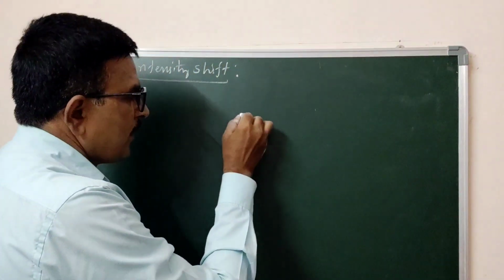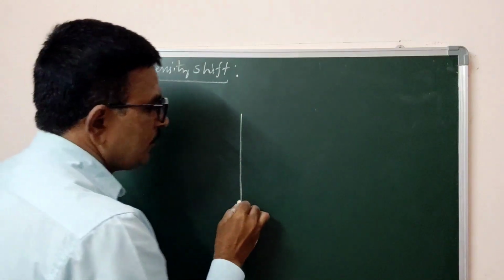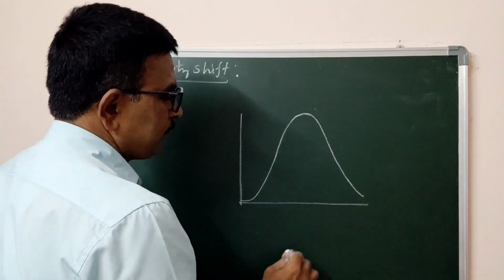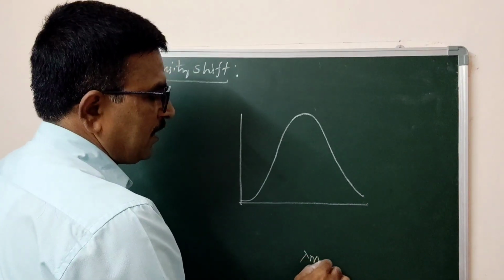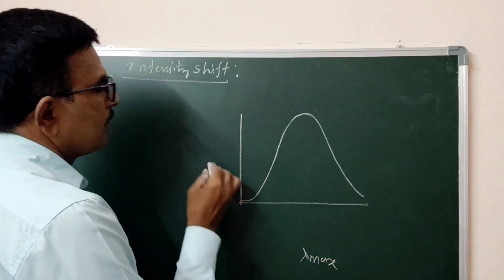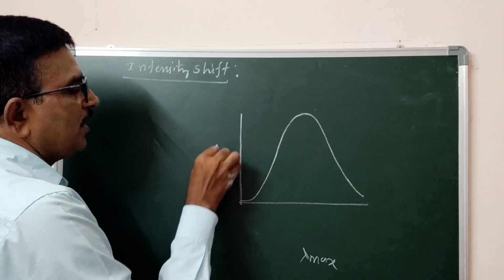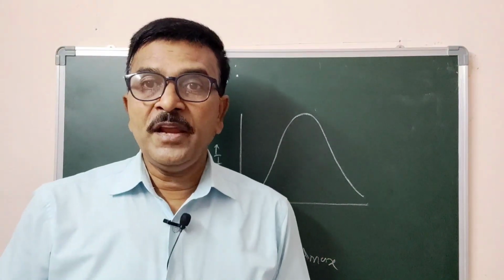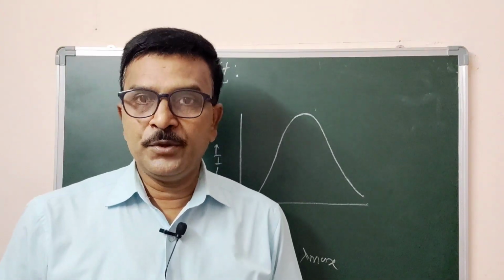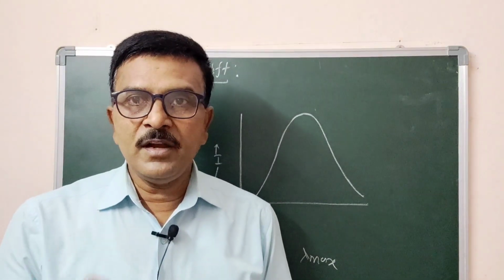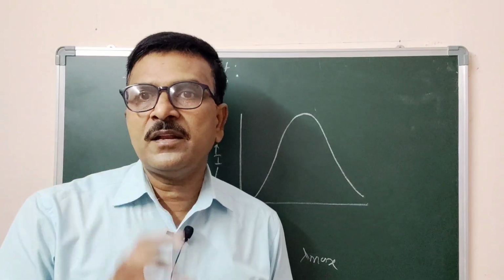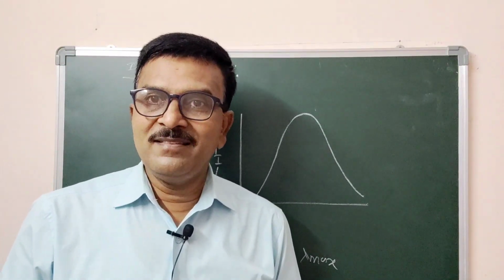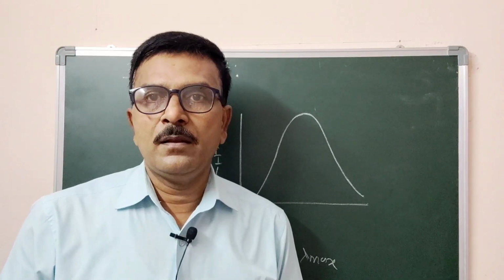Now say this is the ultraviolet spectrum, lambda max here on the X scale, intensity on the Y scale. Now due to some environmental effect in a molecule, some factors in a molecule affect the absorption maxima of the sample. Are you following?